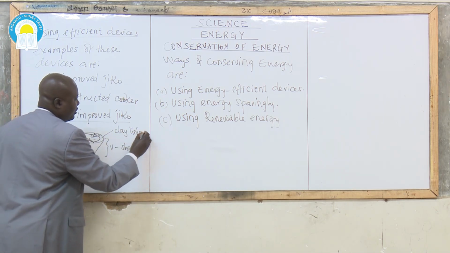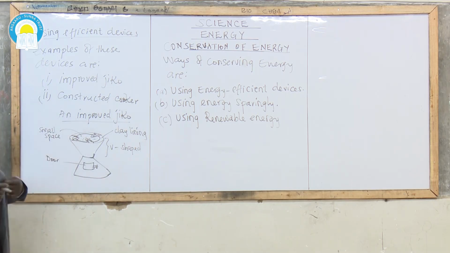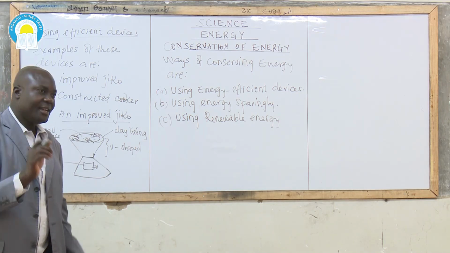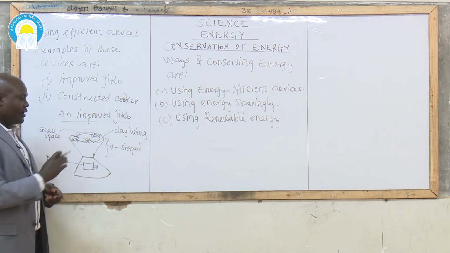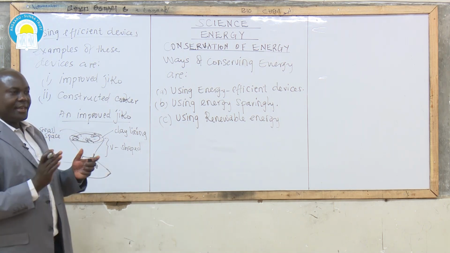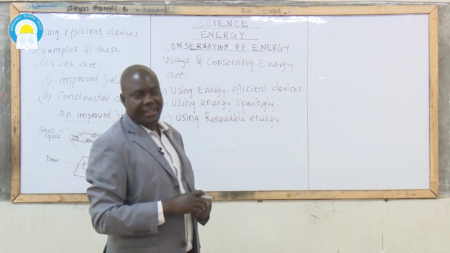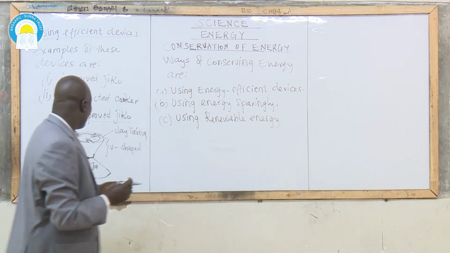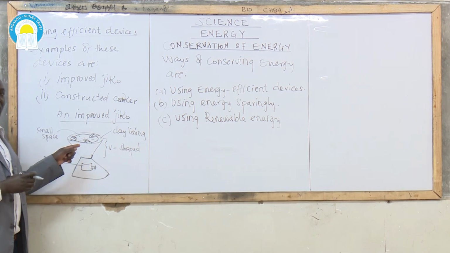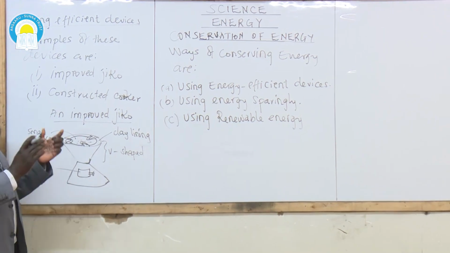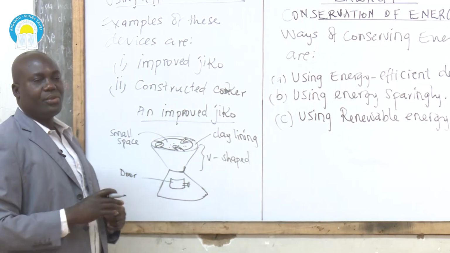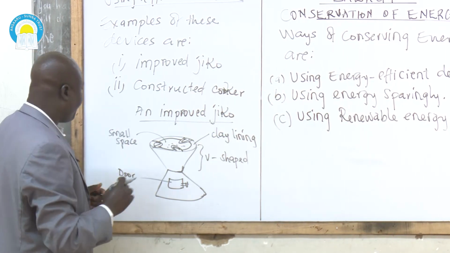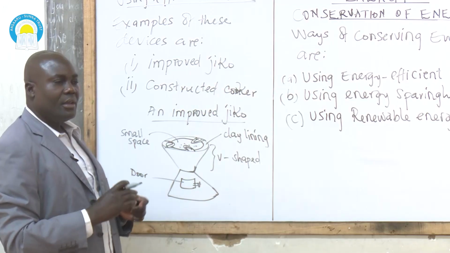This improved jiko saves energy majorly by the use of the clay lining. Remember, clay is a poor conductor of heat. Therefore, once you place charcoal here, it will burn without the heat going away through radiation. So how does an improved jiko save energy?